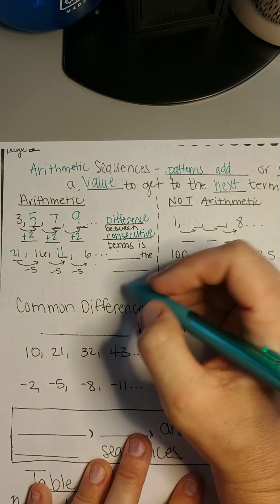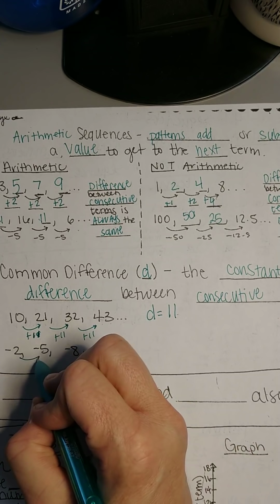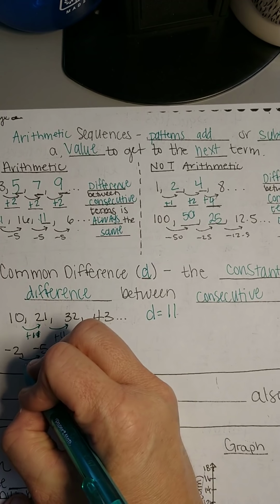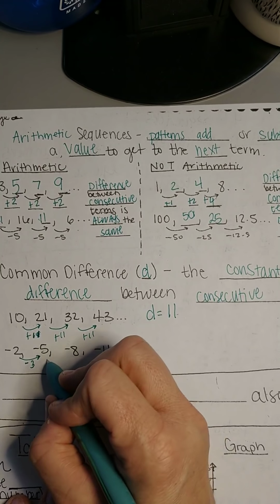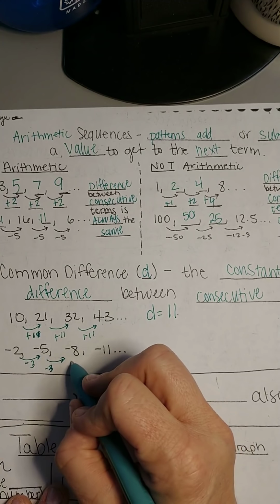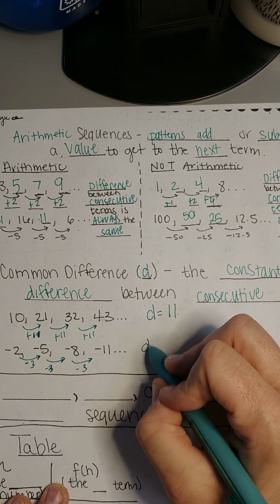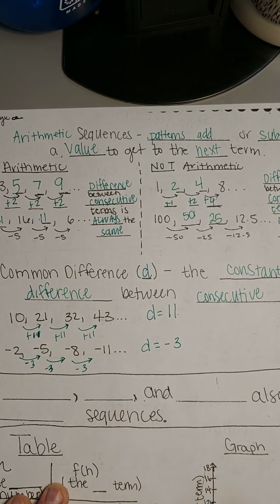So if we look at 10, 21, 32, 43, sorry, not 10, 11 plus 11. We're always adding 11 from one term to the next, so our common difference D equals 11. In our next example, -2 plus -3 gives you -5, plus -3 gives you -8, plus -3 gives you -11, so our common difference here would be -3.